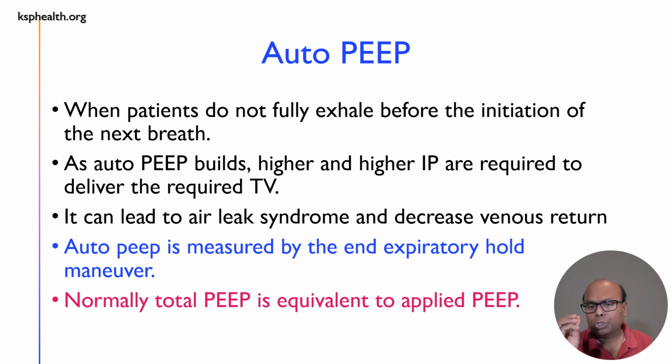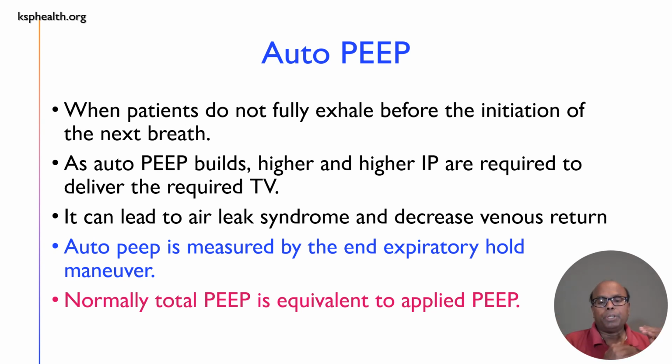Auto-PEEP. When the patient does not fully exhale before the initiation of the next breath, what happens? Auto-PEEP builds. Higher and higher pressures are required to deliver the tidal volume. It can lead to air leak syndrome and decreased venous return. Auto-PEEP is measured by an end expiratory hold maneuver.